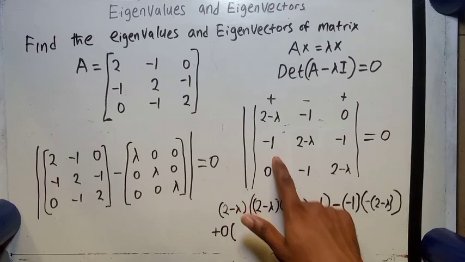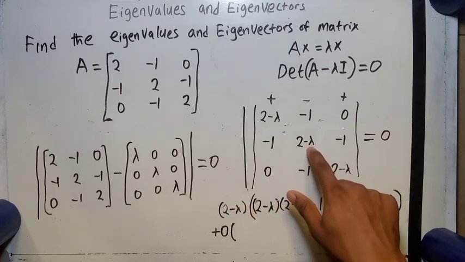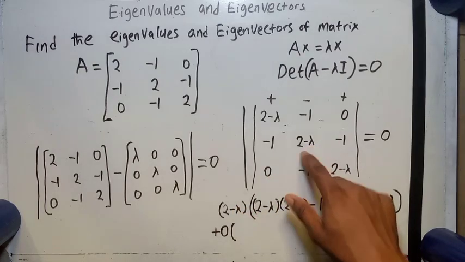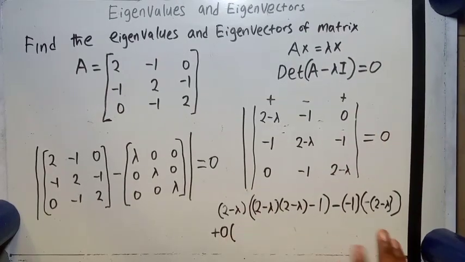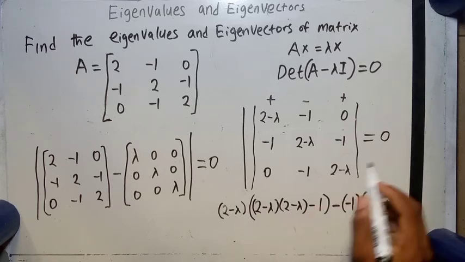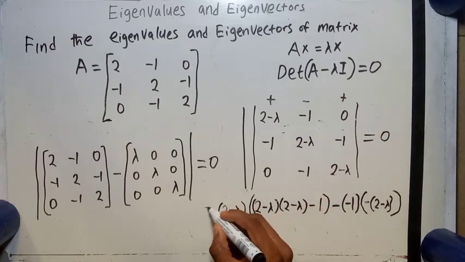It's meant to be this times this minus this times this, but since we're multiplying by 0, all of this goes off. So our determinant is going to look more like this, equal to 0.